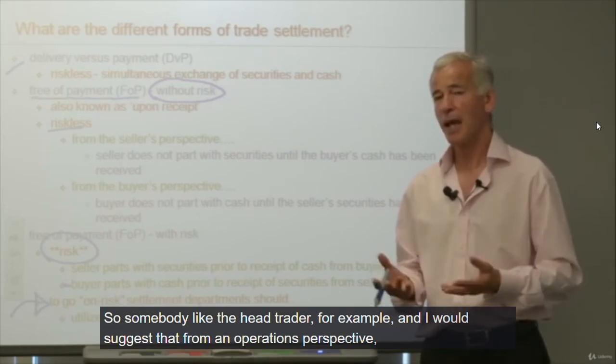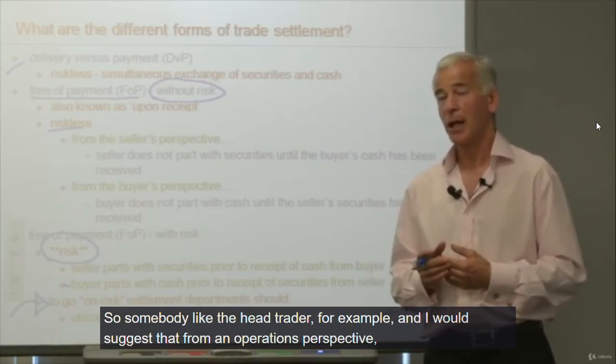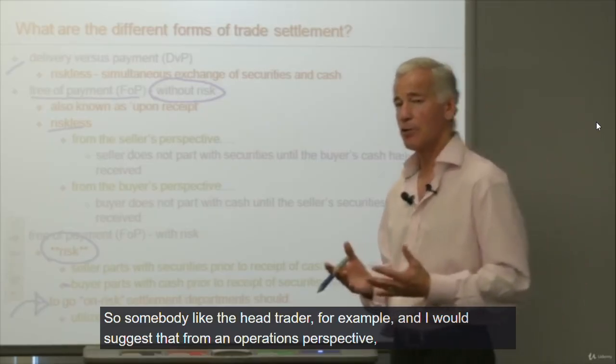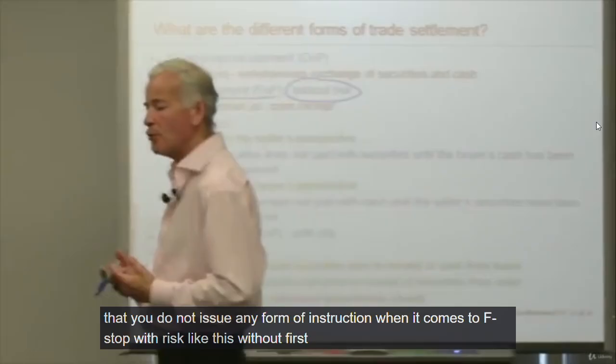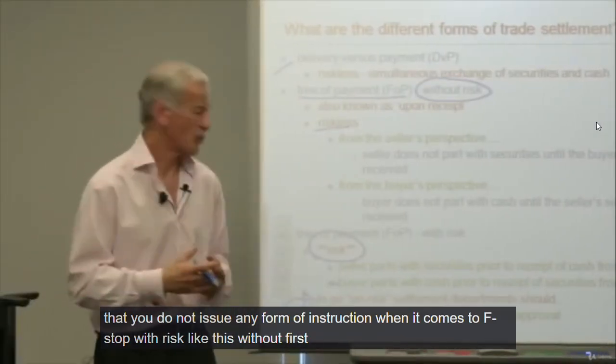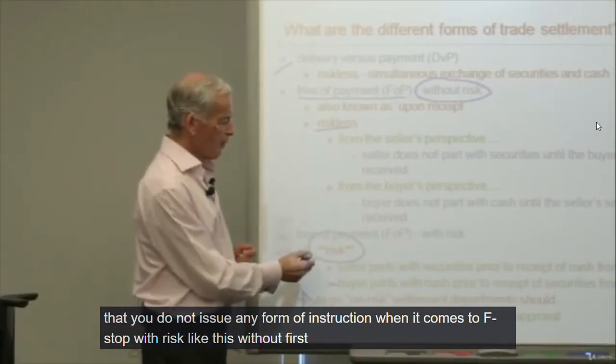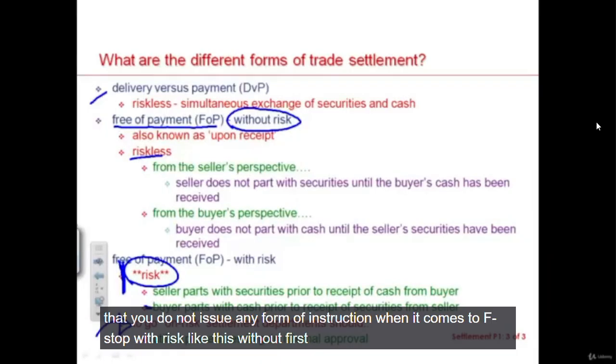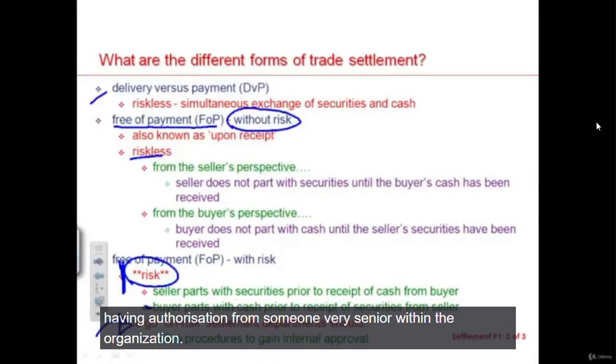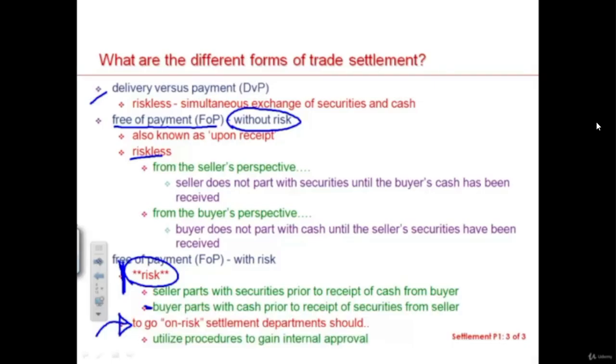So somebody like the head trader, for example, and I would suggest that from an operations perspective, you do not issue any form of instruction when it comes to FOP with risk like this without first having authorization from someone very senior within the organisation. So this is a procedural point, but one that I would very strongly recommend is adopted.